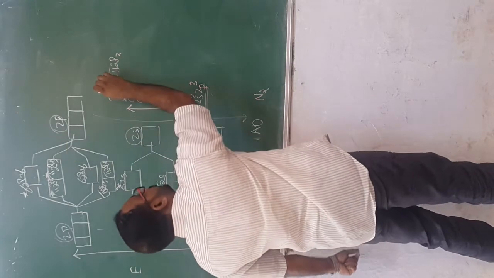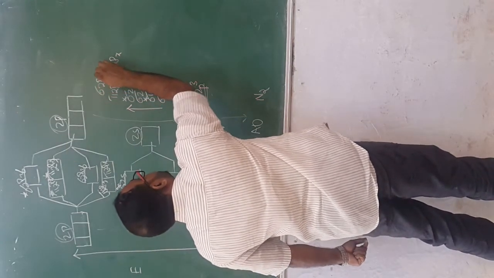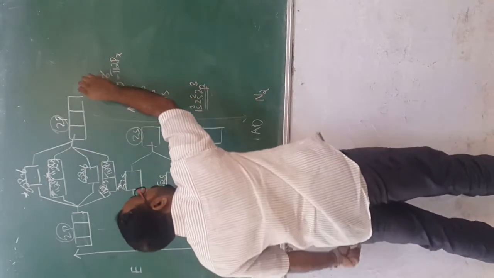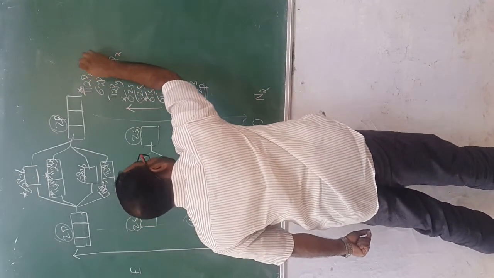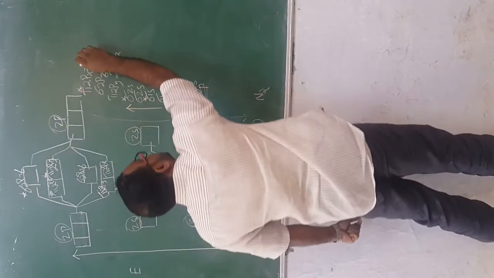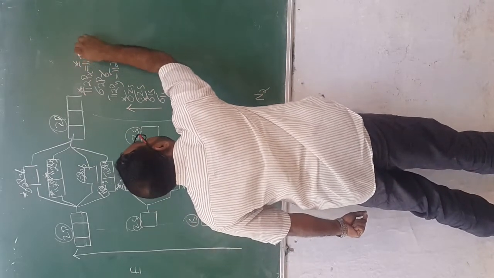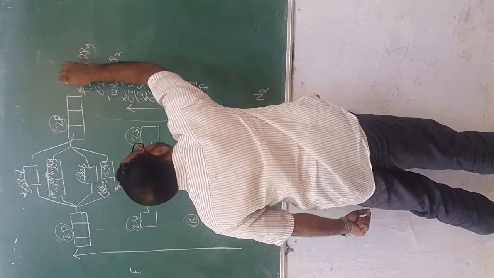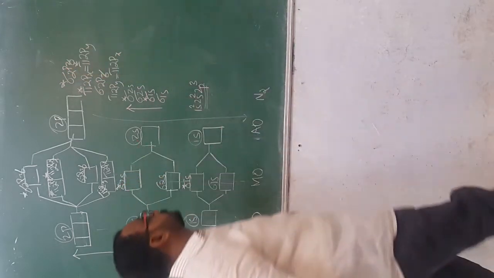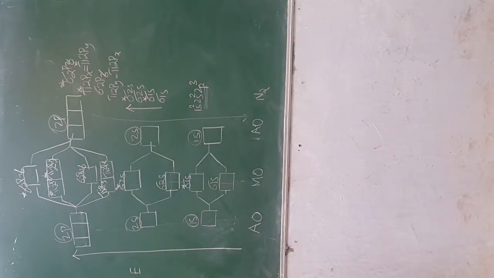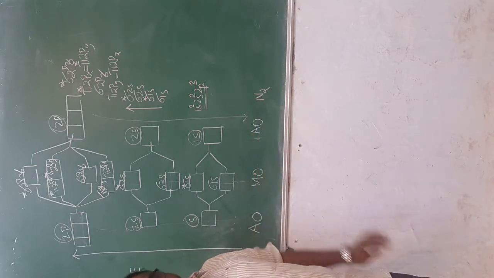Then sigma 2p z, then pi star 2p x, which has equal energy to pi star 2p y, then sigma star 2p z. Hope you are understanding. So this is for nitrogen.